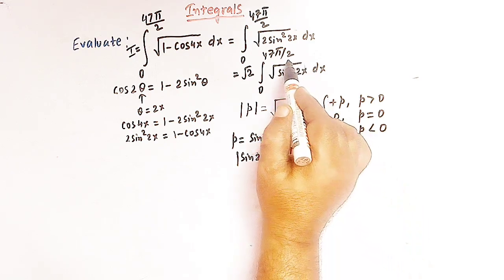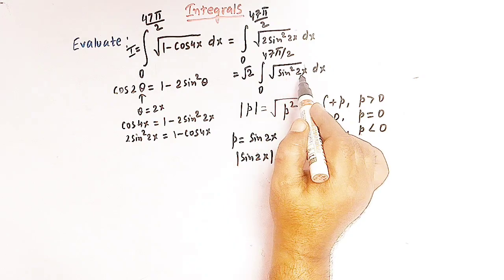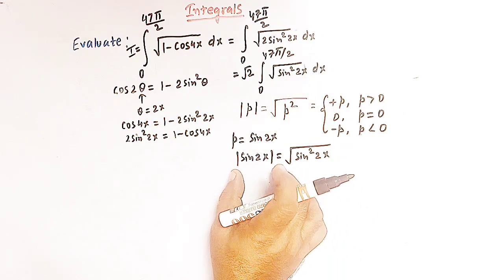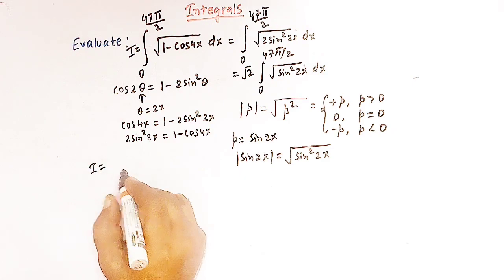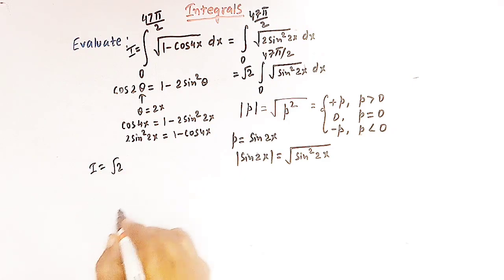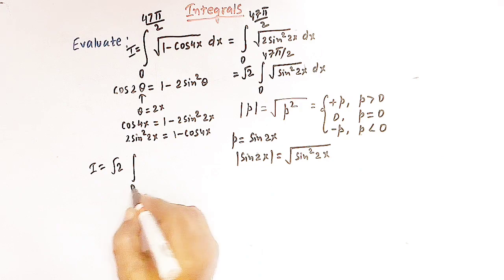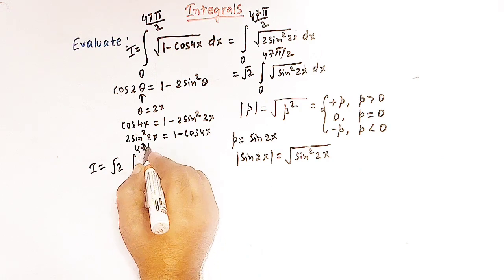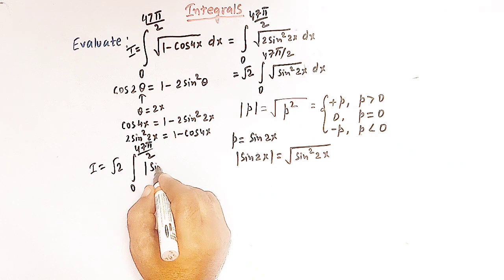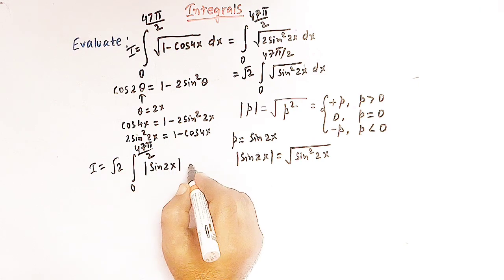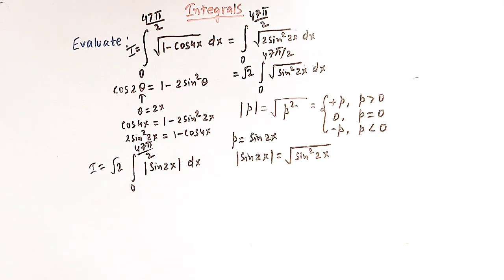So let us replace the square root of sine square 2x by mod sine 2x. Now our integral assumes the form: square root of 2, with limits from 0 to 47 pi over 2, and here we have mod of sine 2x dx.